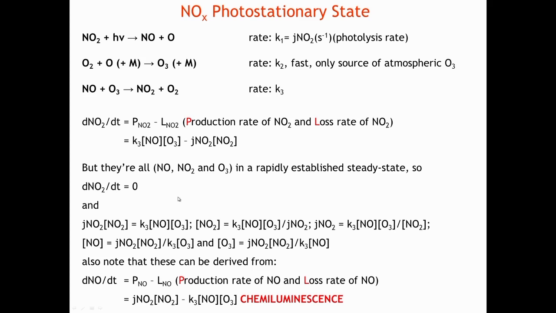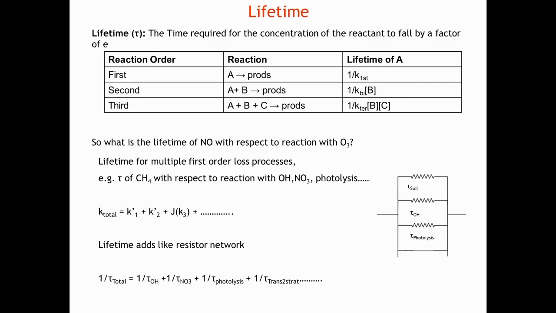So this photostationary state can be calculated from the NO concentration, from dNO by dt, or dNO2 by dt, or d-ozone by dt. And you can know everything about the system really quite quickly. But that doesn't mean that everything's got the same lifetime.